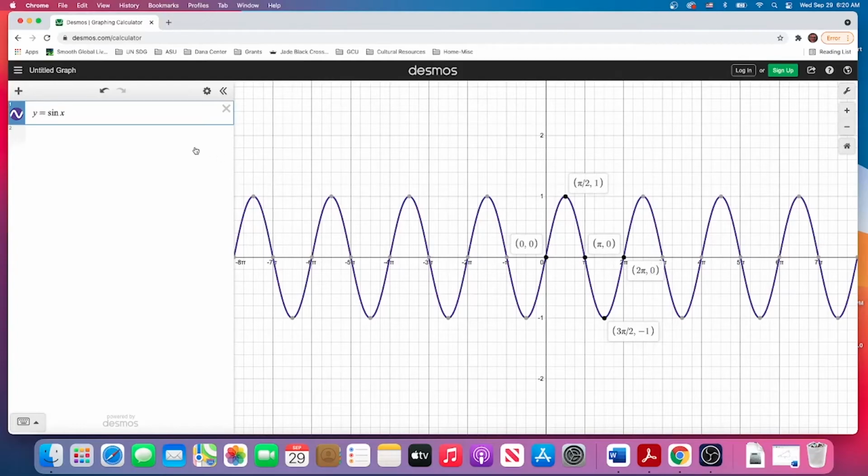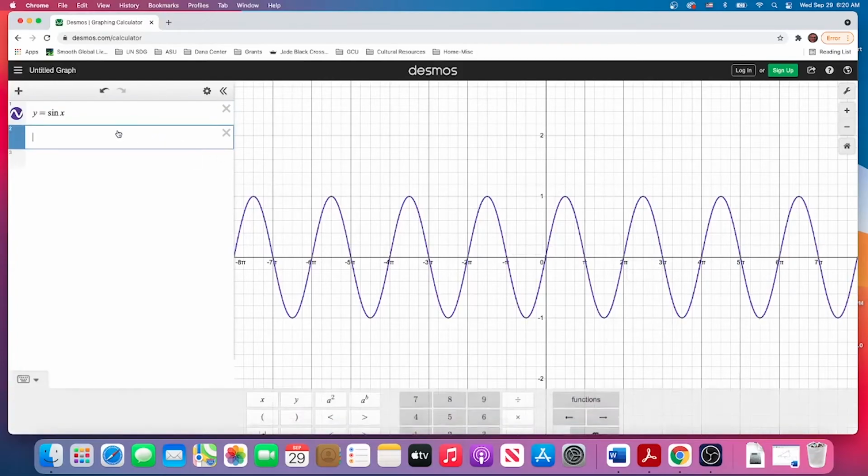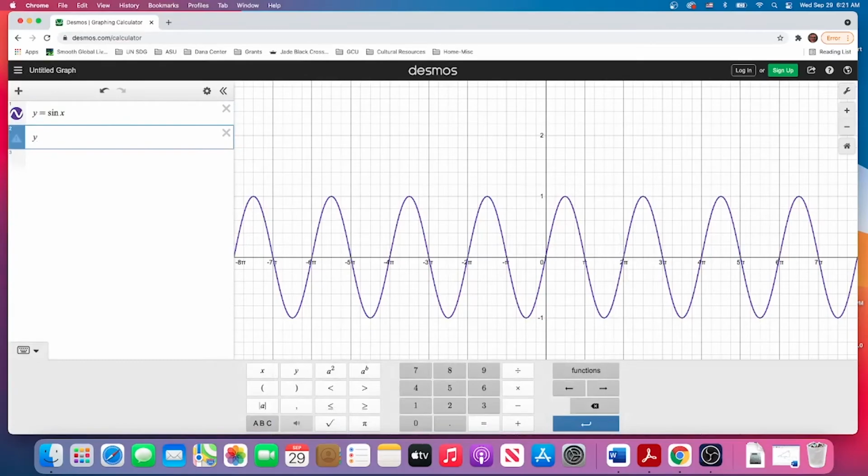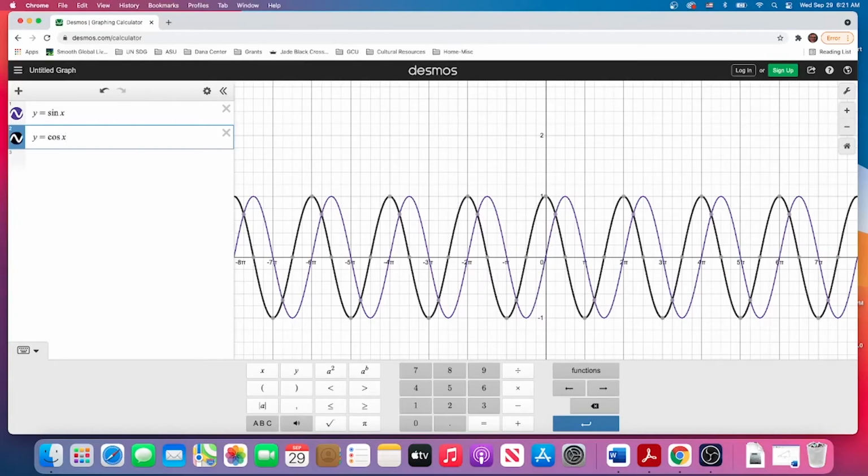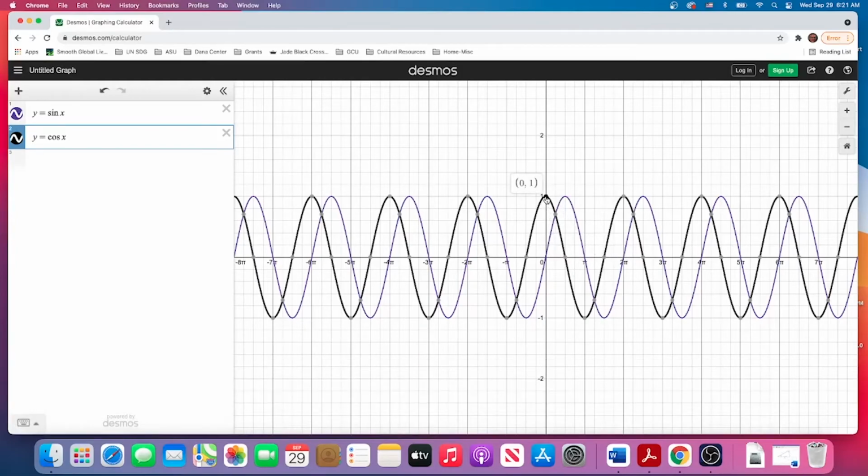Okay, if you were to graph cosine of x, and we could do this on the same axes, or the same graph itself, you see that the values are just kind of shifted. It really is the same overall pattern, but instead of starting at 0, it starts at 1.